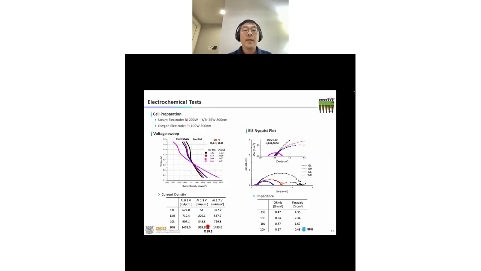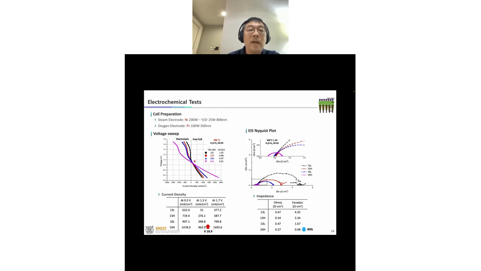So we tested, and the final goal that we want is the operation of the solid oxide cell, making electricity or making hydrogen. So we tested the cells, the property of the electrolyte.